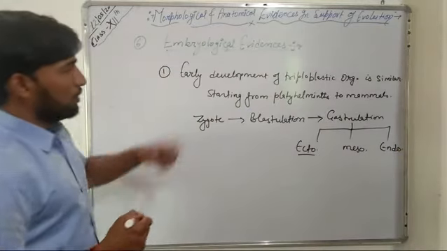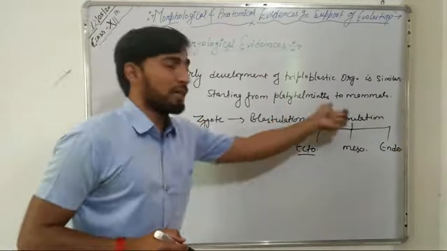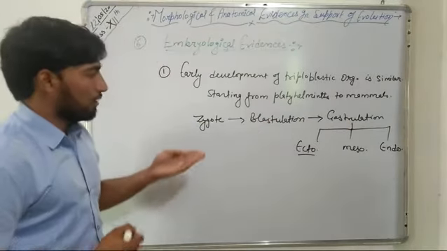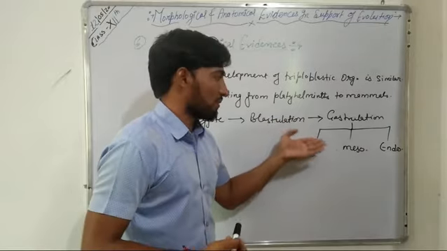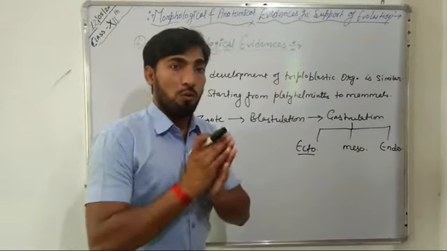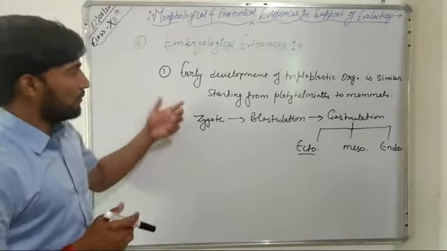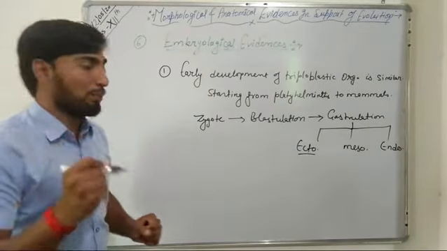So in all these organisms starting from platyhelminths to mammals, the early development of the embryo in triploblastic organisms is similar. That means all these complex life forms came from early simple life forms.